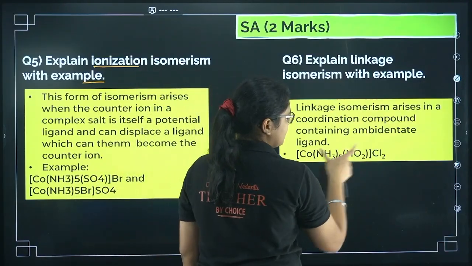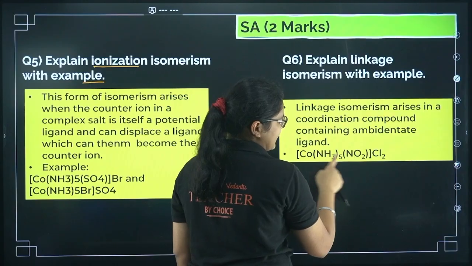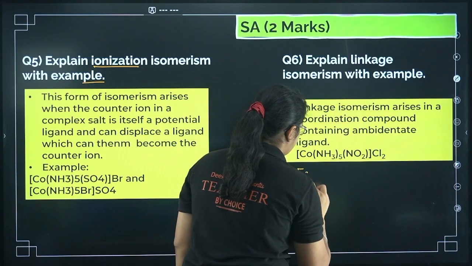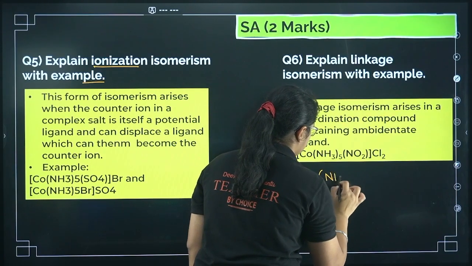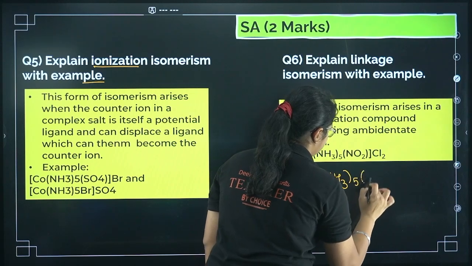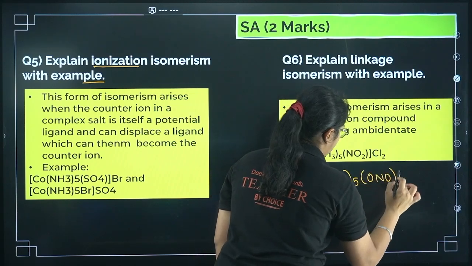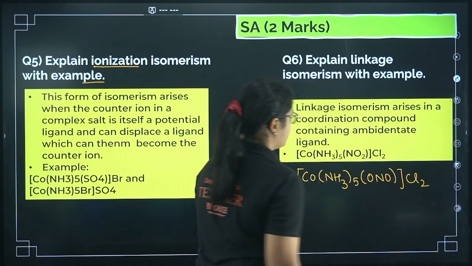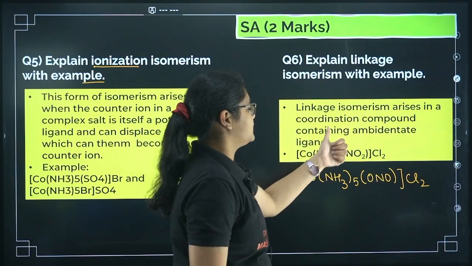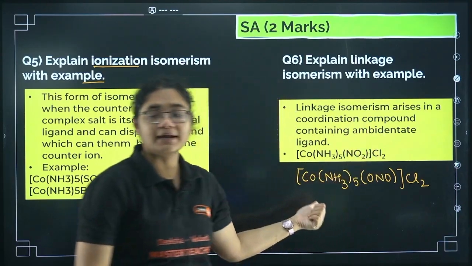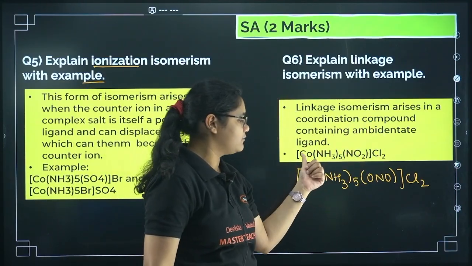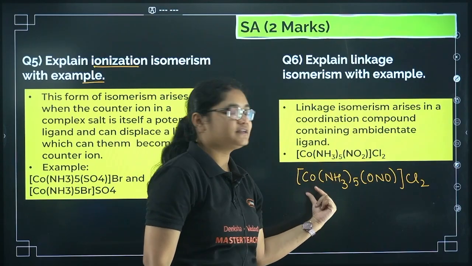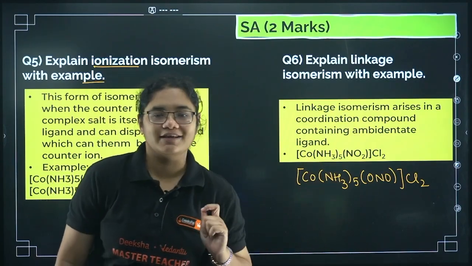Suppose this complex is there, here N is binding with cobalt; the linkage isomer can be written like this, [Co(NH3)5ONO]Cl2. Linkage isomerism arises in coordination compounds containing an ambidentate ligand. Now you see, at that time N was linked, now oxygen is linked. So that is why this is linkage isomerism.